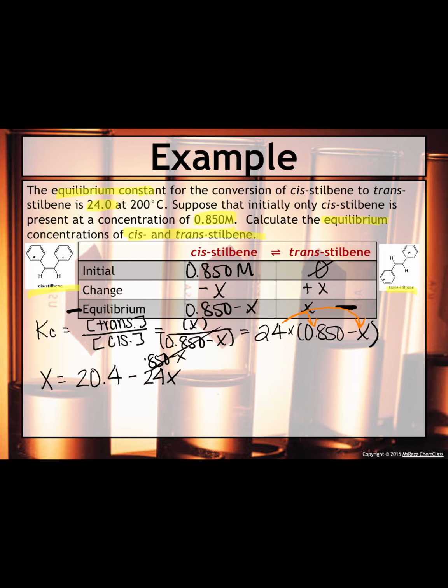Because 24 times x is just 24x. Okay, so let's get this so that all the x's are on one side. So I will add plus 24x to both sides.